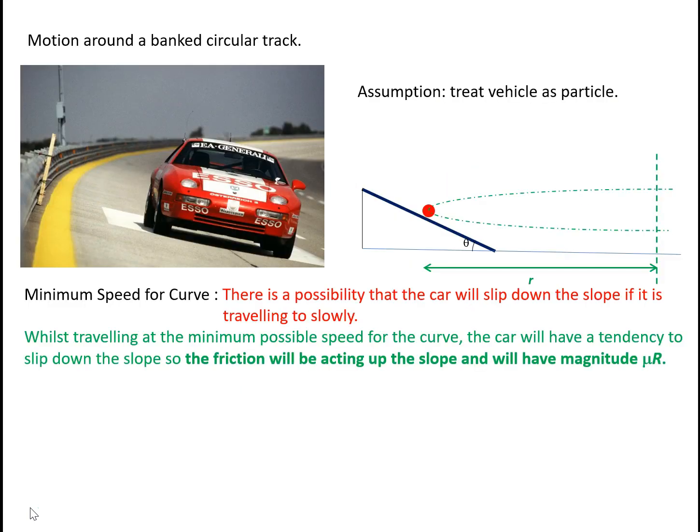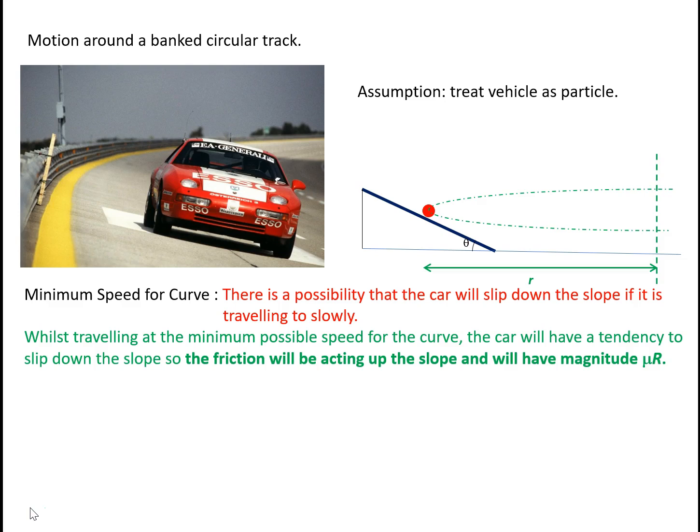Now, to finish this little piece of work, there'll obviously be a minimum possible speed for the curve, because there's a possibility that the car will slip down the slope if it is travelling too slowly.